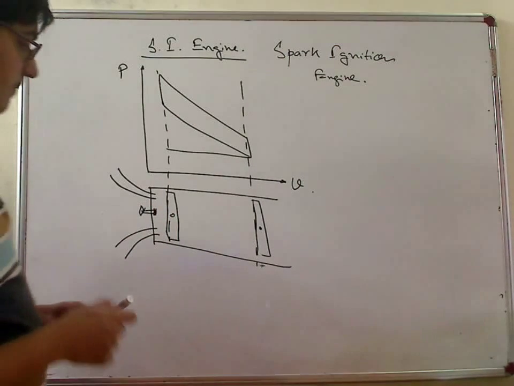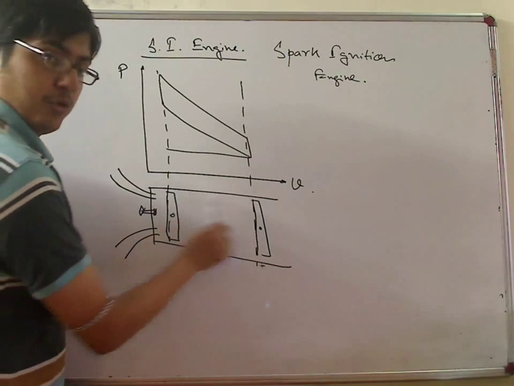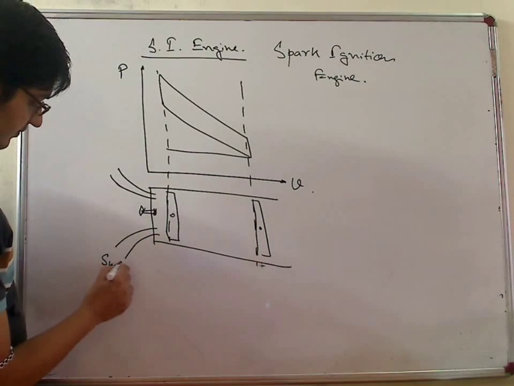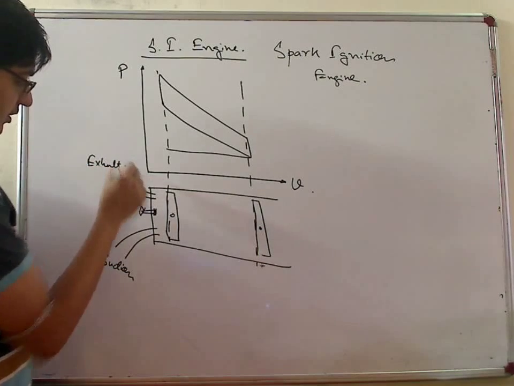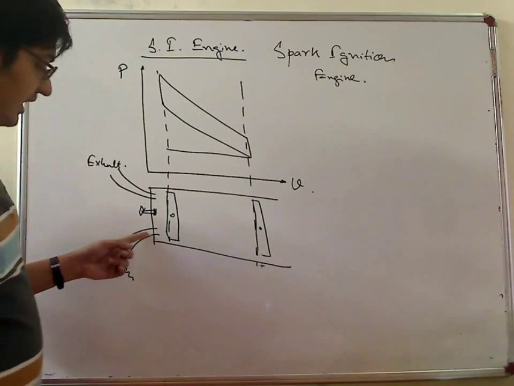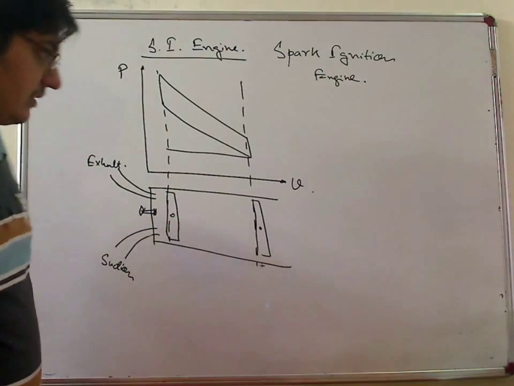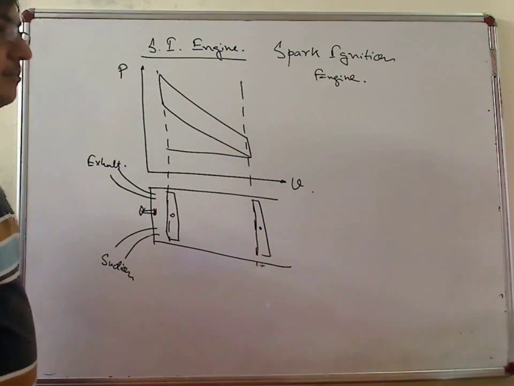Due to this spark, so first this is a cylinder position, it moves like this. So this is a suction, this is exhaust. So this suction valve opens, fresh air charge comes into this place due to this movement of the piston. Then it compresses the mixture.